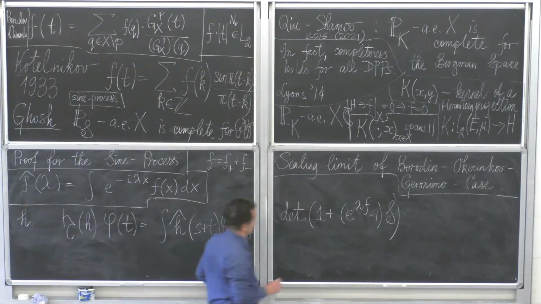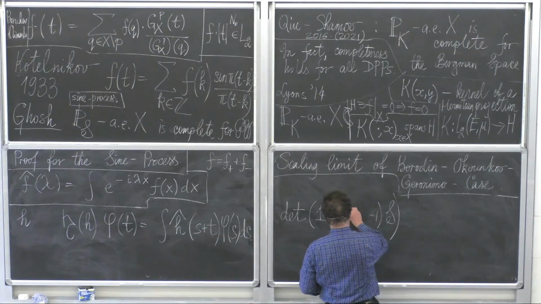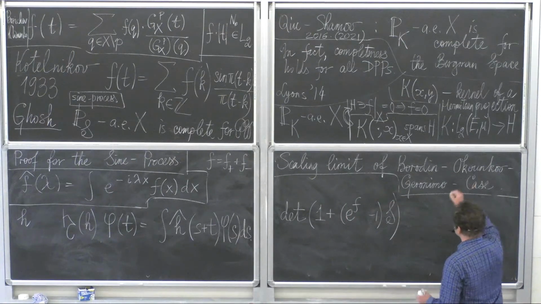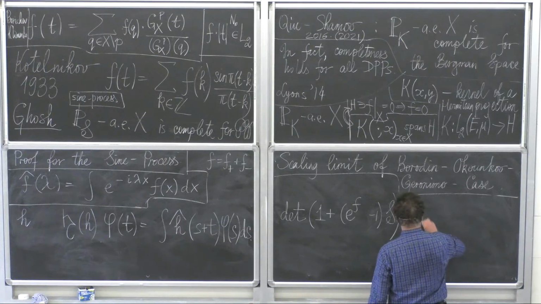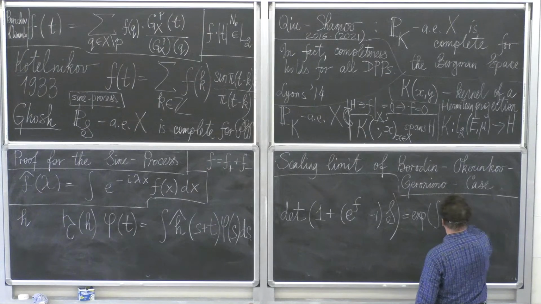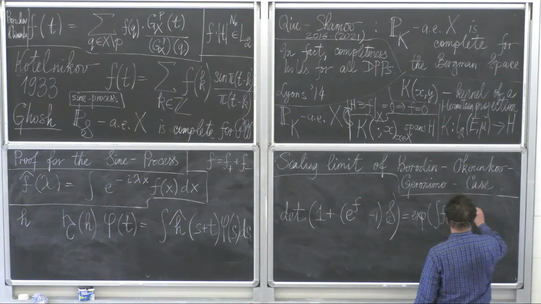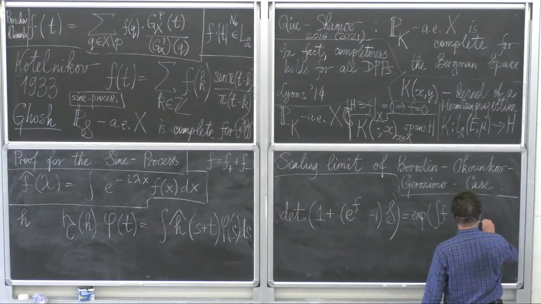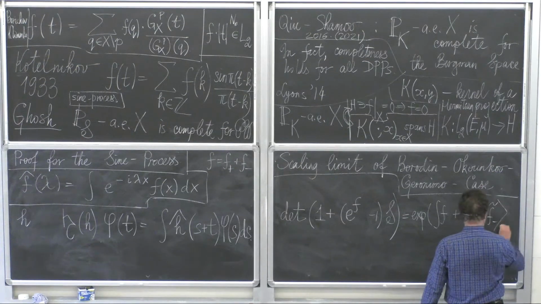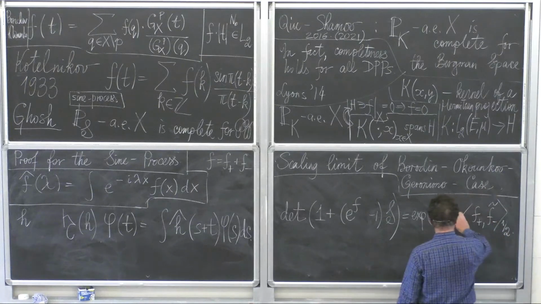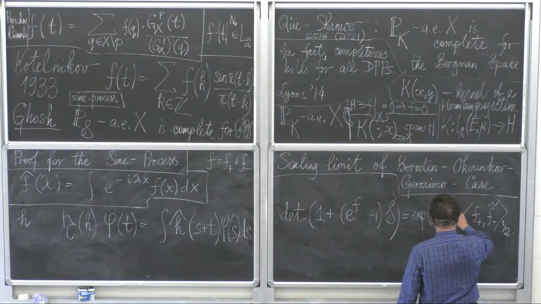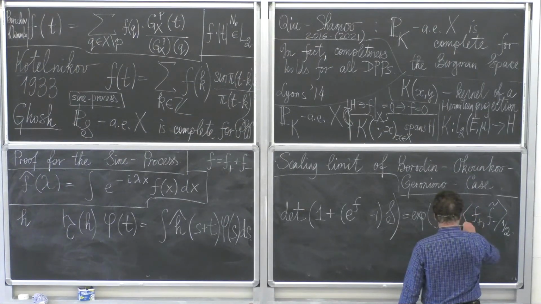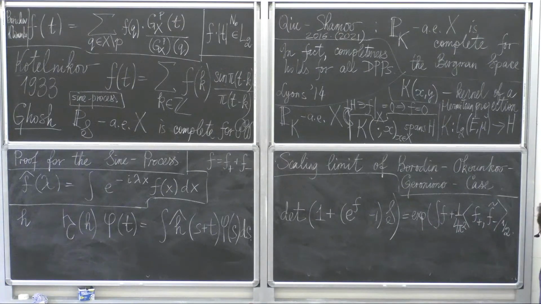In fact, I need this lambda. Let's write e to the f; I will need it a little bit later. This is clearly the exponential of the integral of f plus the Sobolev 1/2 inner product.